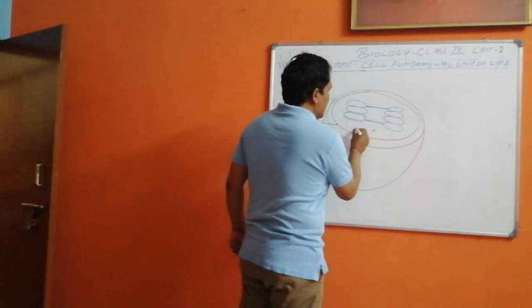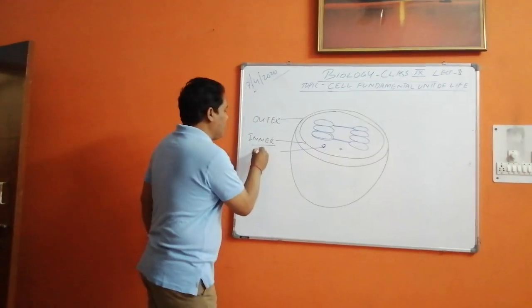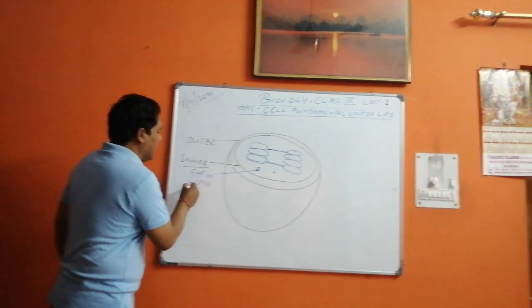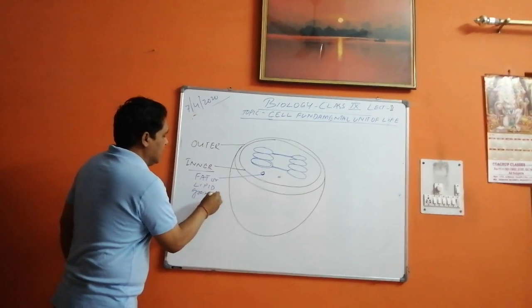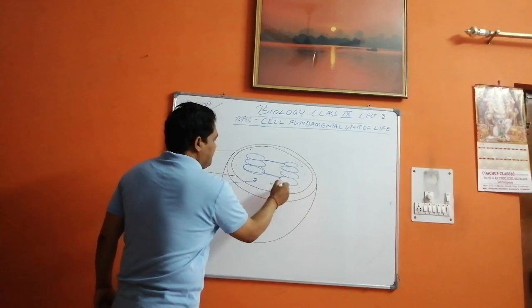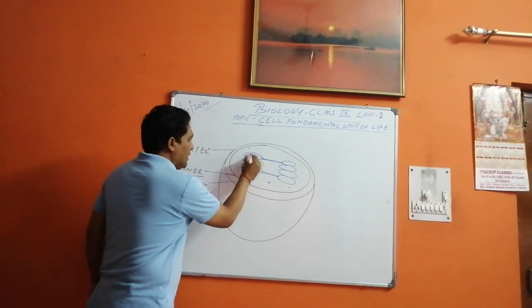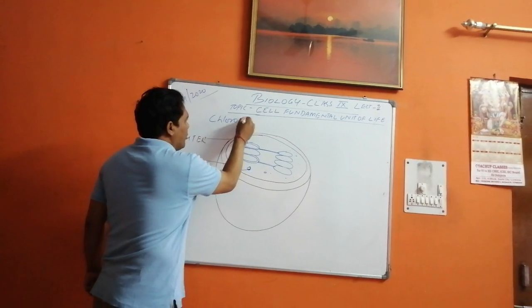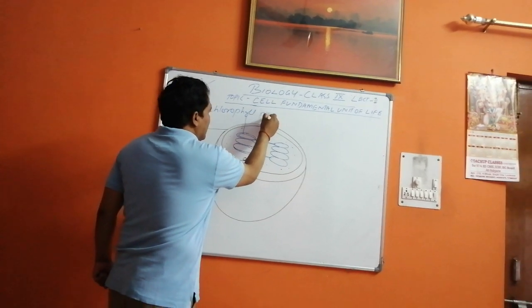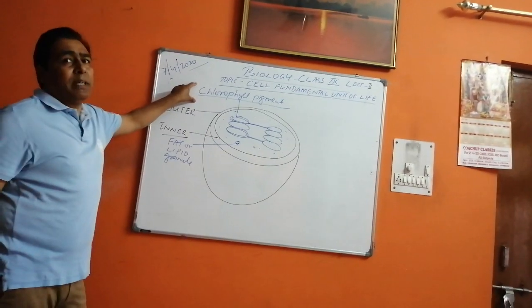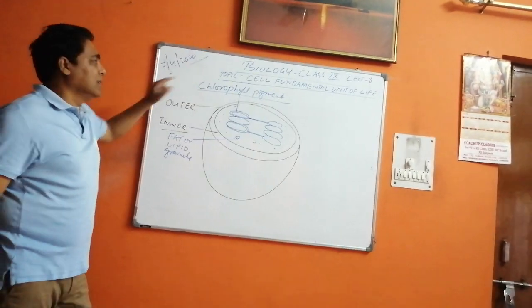Then there are fat or lipid granules which are present. And they also contain chlorophyll pigment. Chlorophyll is an important pigment which helps in photosynthesis.